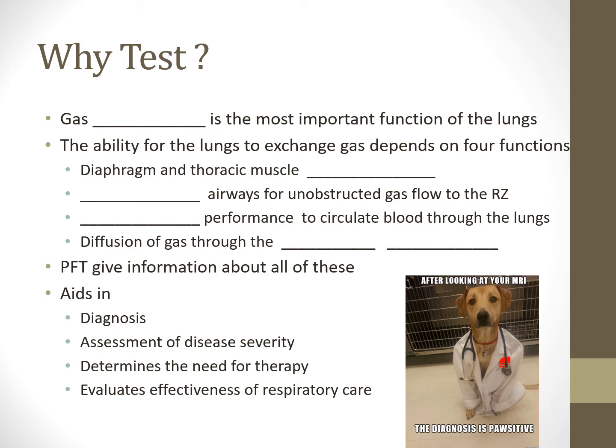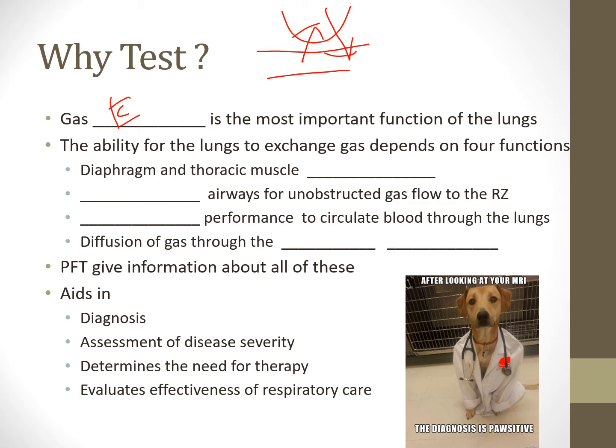So not only do we need it to get through the conducting airways, we need to get to a point where we have that alveolar ventilation, where we exchange the gas between CO2 and oxygen into and out of the bloodstream. So gas exchange is the most important function of the lungs, and this can actually help us see how much gas exchange is occurring in the respiratory zone, right? We can actually see how effective the alveoli are, or how healthy the alveolar capillary relationship is. So this is going to give us some valuable data.